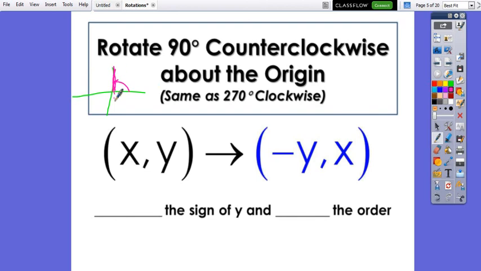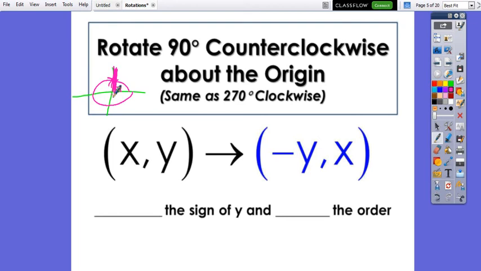Remember the little right angle symbol? If I go 270 clockwise, that is from here up to here. It's the same endpoint. So 90 degrees counterclockwise and 270 clockwise are the same.